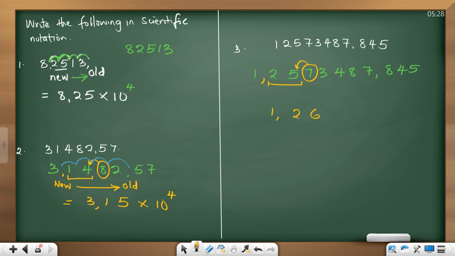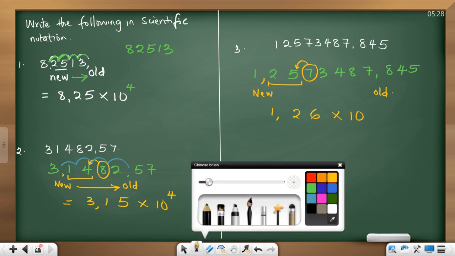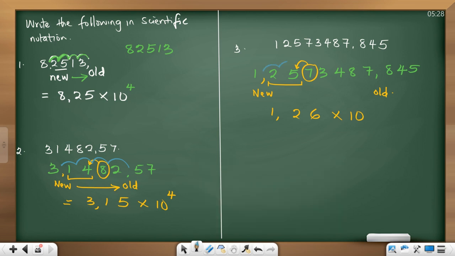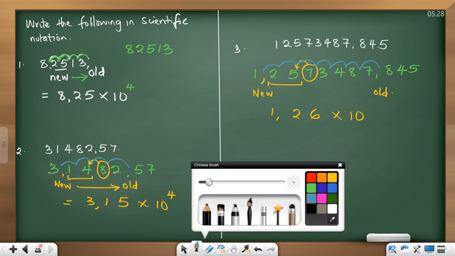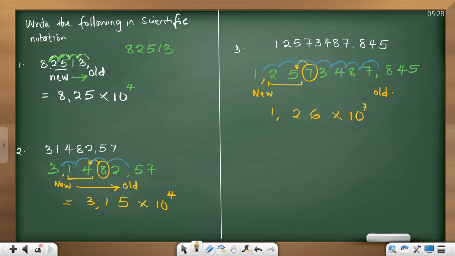So my answer already I see 1,26. Now this is the new position, and that's the old position. How many jumps are we moving? And we're moving to the right, remember? Okay. 1, 2, 3, 4, 5, 6, 7. 7 jumps. And that gives me 10 to the power 7.